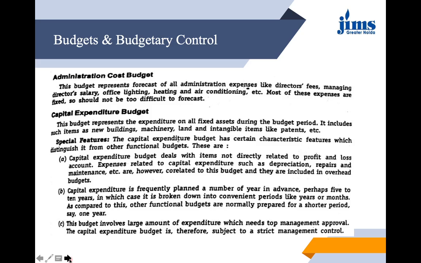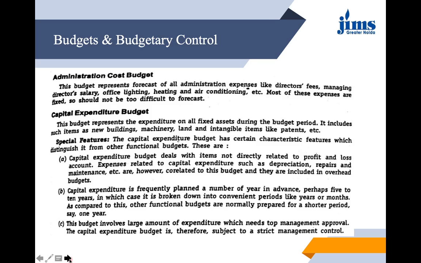Here we have certain features that we need to study. The capital expenditure budget has certain characteristics which distinguish it from the other functional budgets. How is it different from others? First, the capital expenditure budget deals with items not directly related to the P&L account. Expenses related to capital structure like depreciation, repairs, maintenance, etc. are however correlated to this budget, and they are included in overhead budgets.